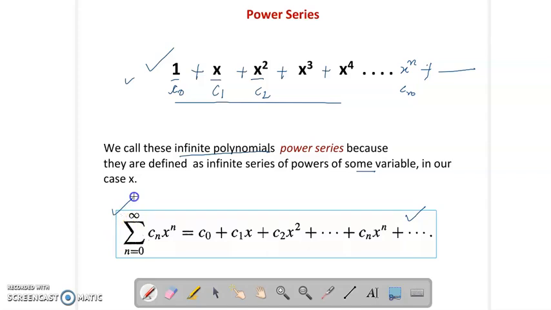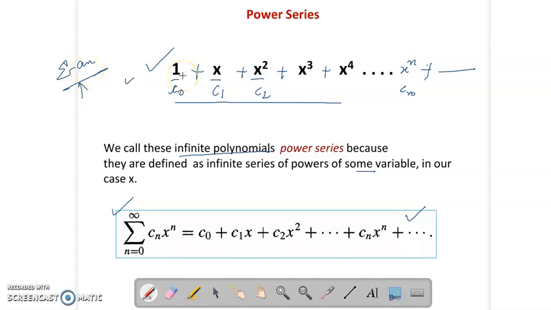Now the question is, why are we going to study power series, and what is its usefulness? Now that you have already studied series, you know about this series. This is also an infinite series where you considered the series of numbers as some constants.